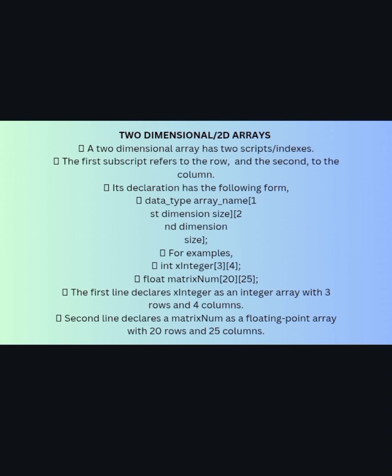For example, int xint[3][4]; float matrixnum[20][25]. The first line declares xint as an integer array with 3 rows and 4 columns. The second line declares matrixnum as a floating point array with 20 rows and 25 columns.